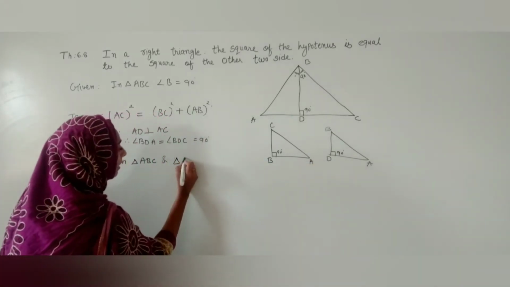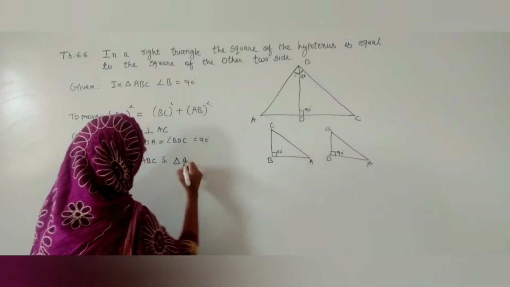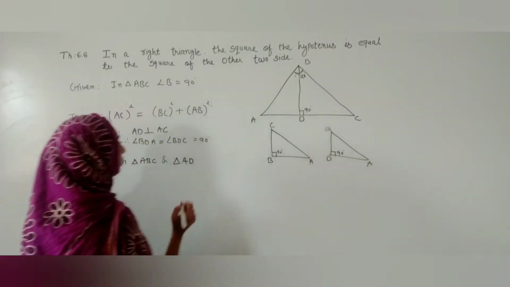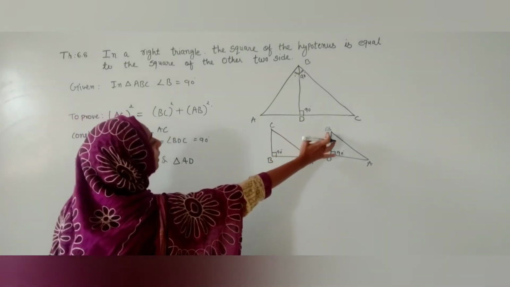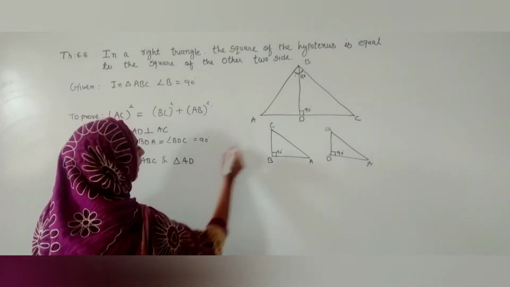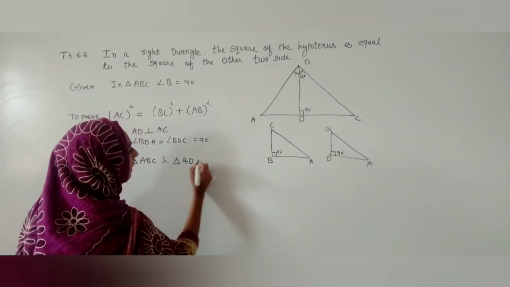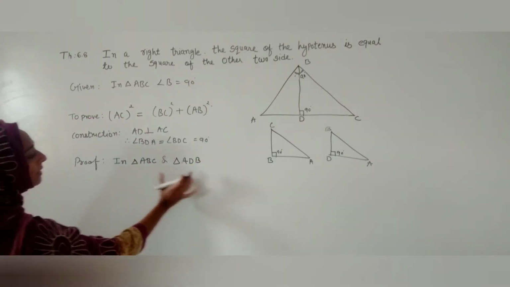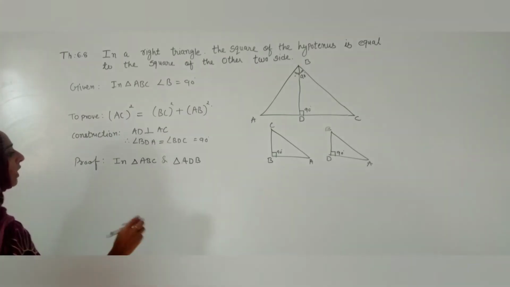Wherever is A, I will write A. Wherever is B, I write B only, because it is also 90 and that is also 90. And wherever is C, there we write B. So here we are talking about triangle ABC and ADB. Let us prove its similarity.